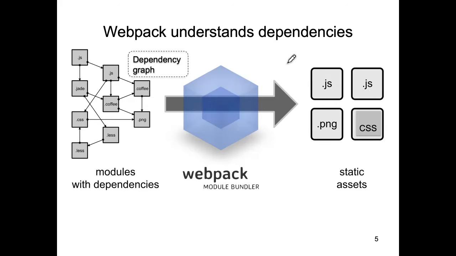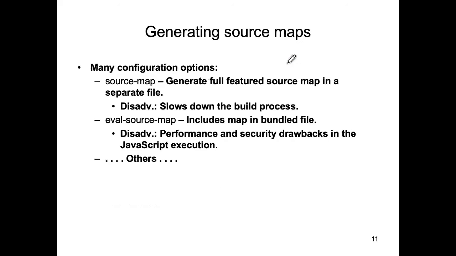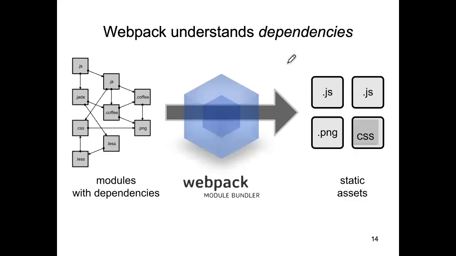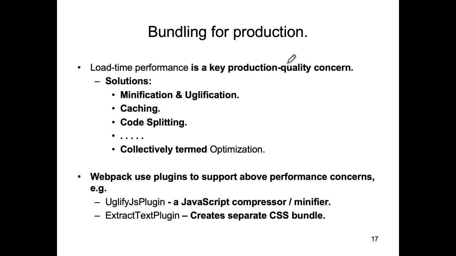Now, I guess if we then fast forward to roughly where we left off last week, which began around here. This bundling process is something that we need to do when we want to create a production version of our application.